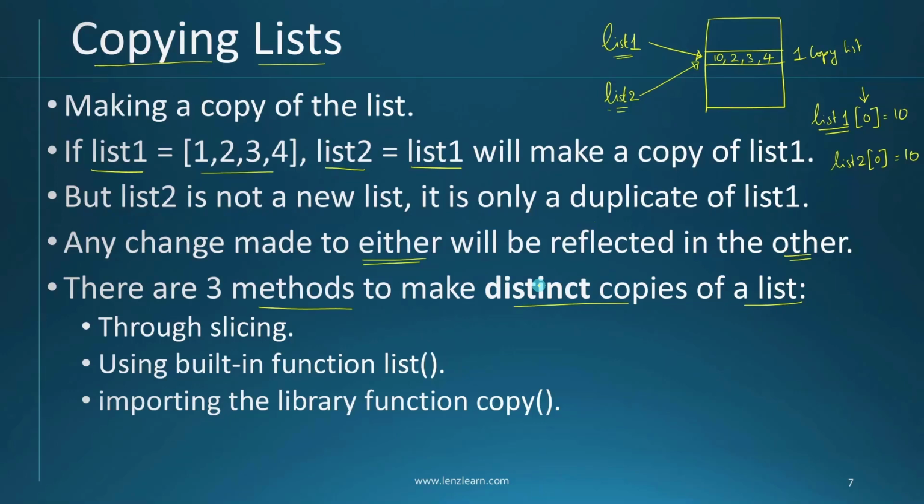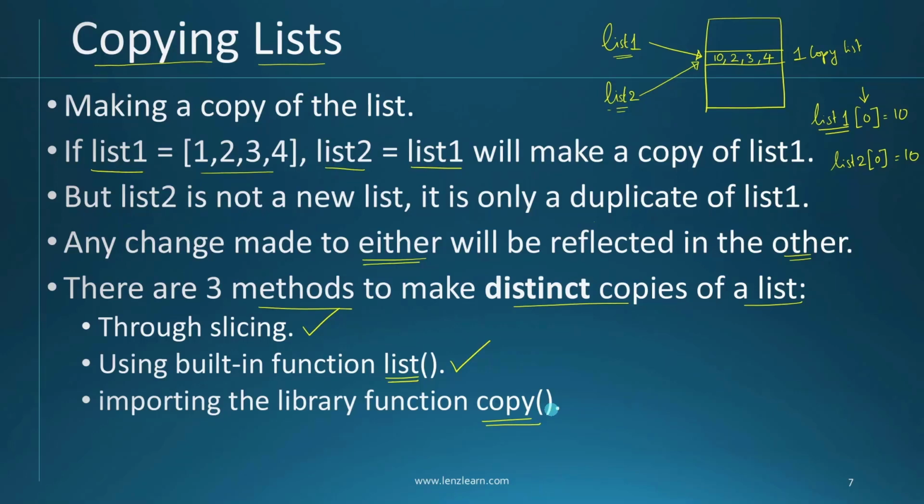Distinct means separate copies of the list. You can either go with the slicing operator, which will separate the list in the memory, or you can use a built-in function called list, which we have studied before, but anyway we will see this again. This will also create a new list, or you can import a library function called copy, and you can copy the list to another place in the memory location.